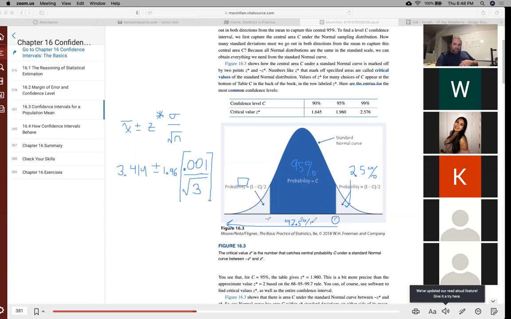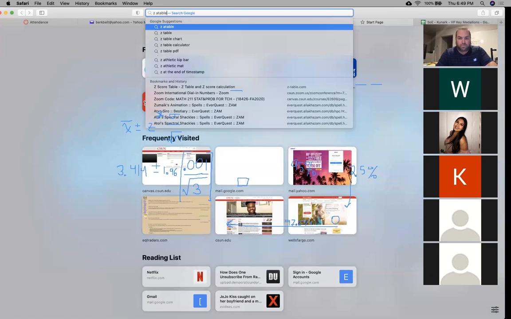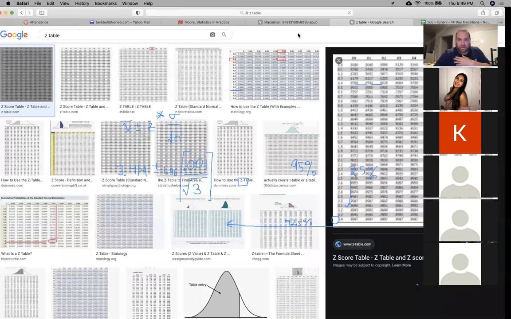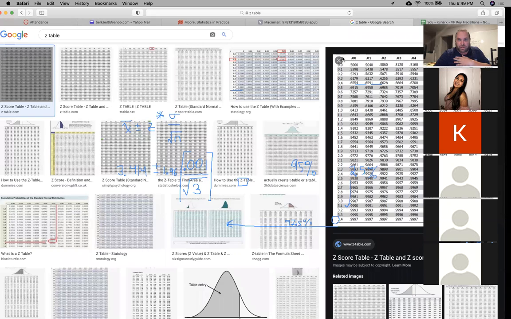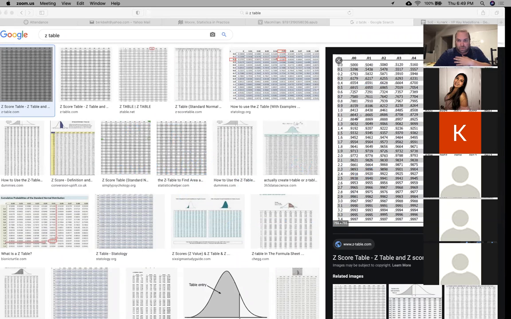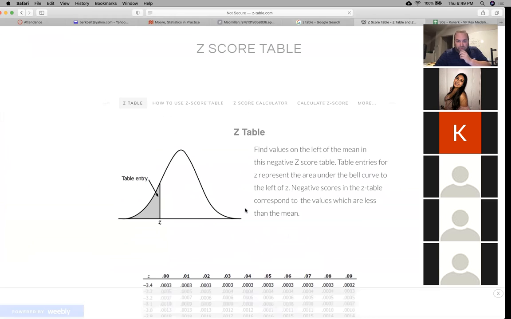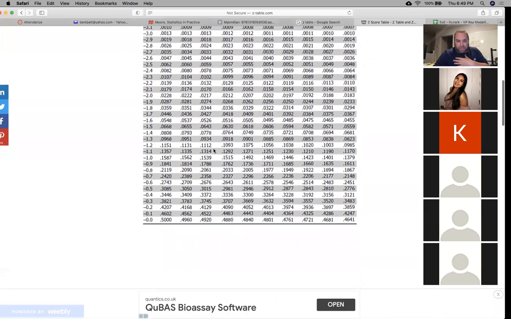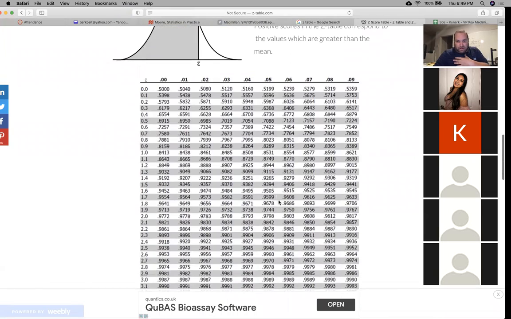So if I were to go to a z table, and I'm looking for the area to the left of my number to be 97.5%, then I go right here to 0.9750.